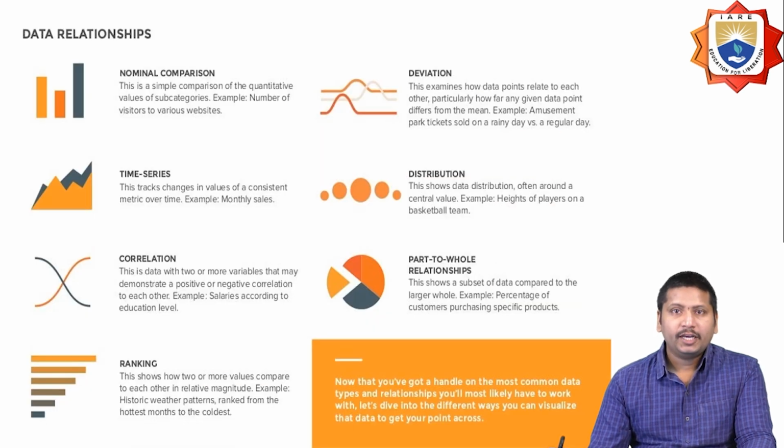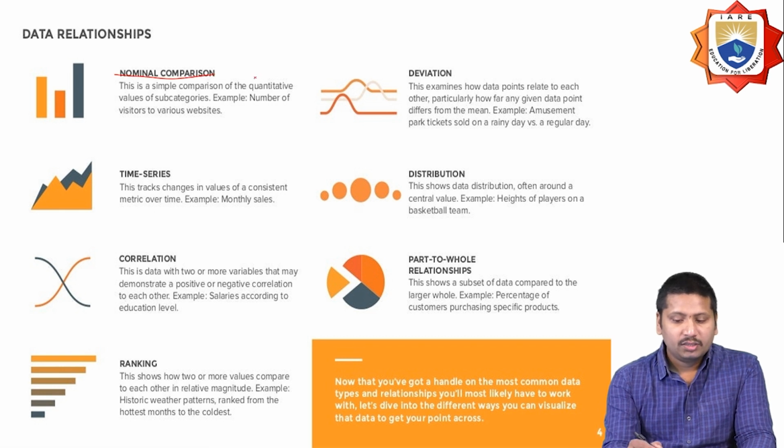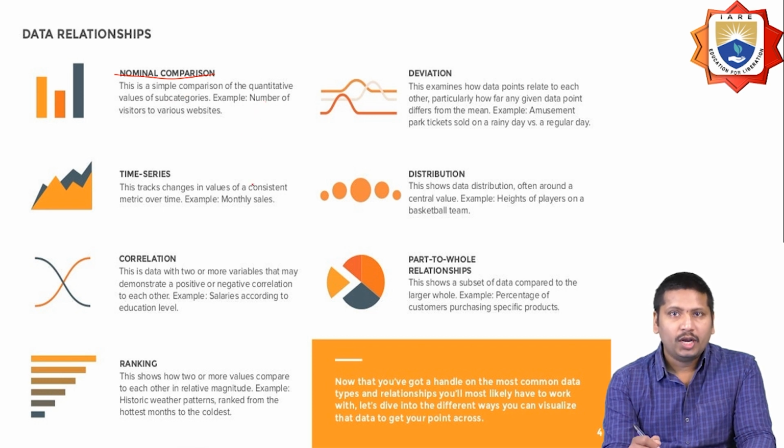And the next one, data relationships. Once the data is divided, we need to know what kind of relationship the data is going to have. Nominal comparison is a simple comparison of the quantitative values of subcategories, for example, the number of visitors to various websites.